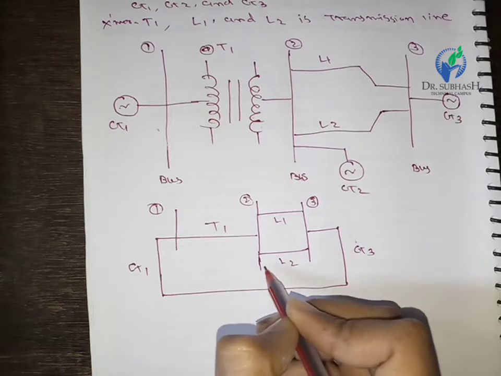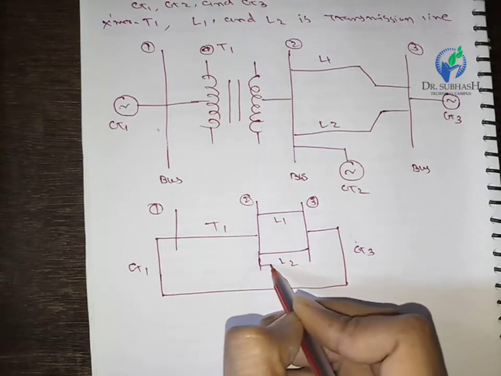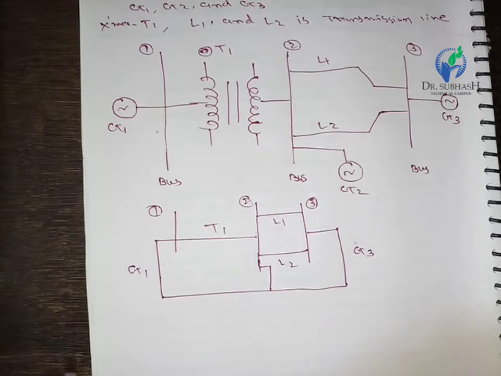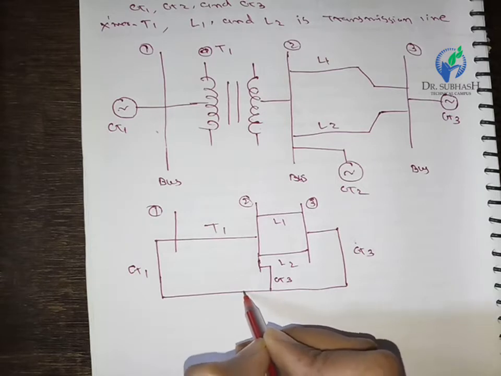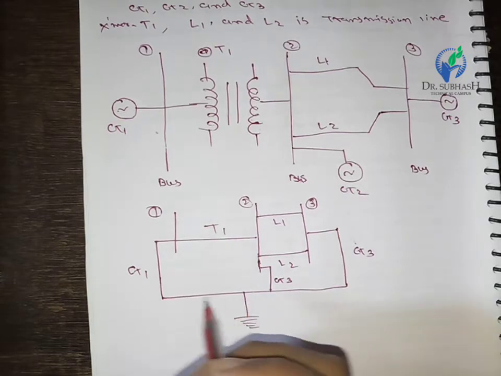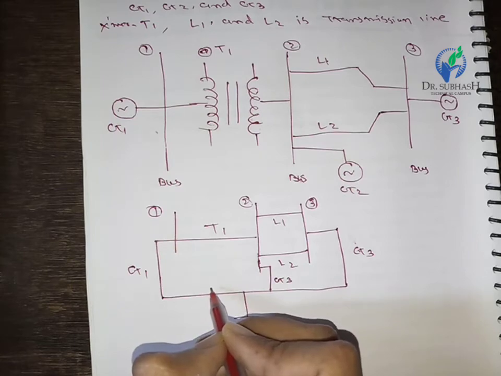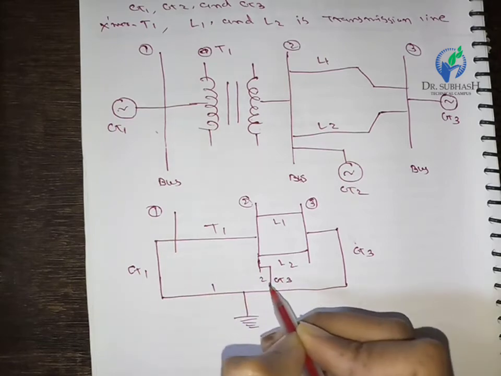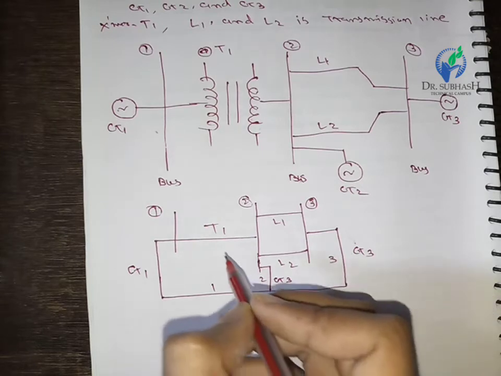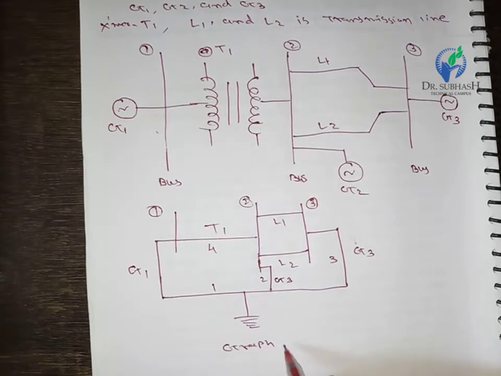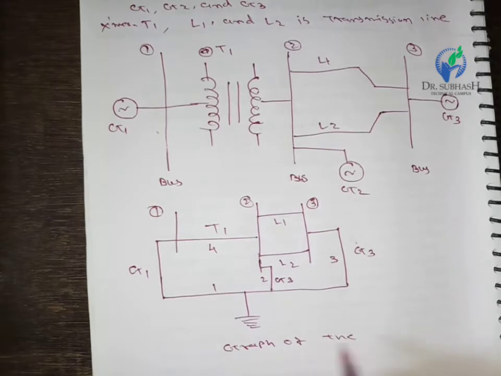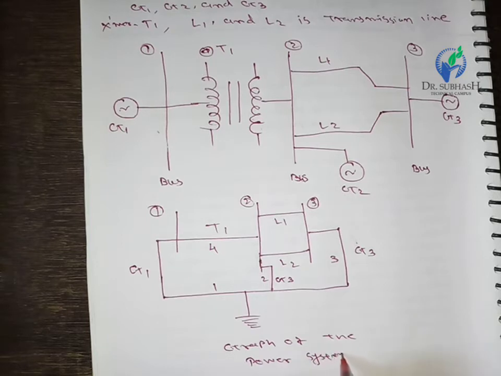Here we write G3. Now it is the grounding. It is point number 1, second, third, fourth. So this figure is known as the graph of the power system network.